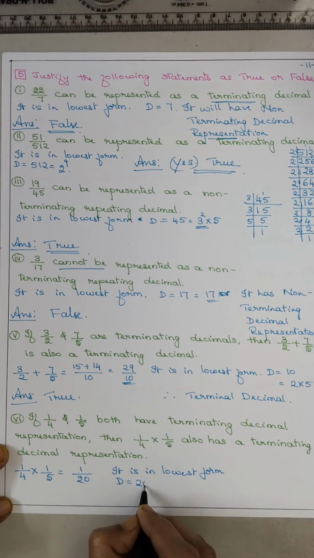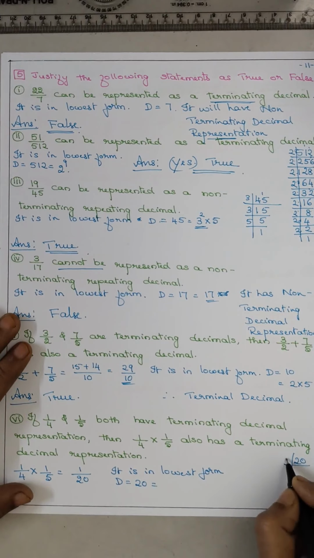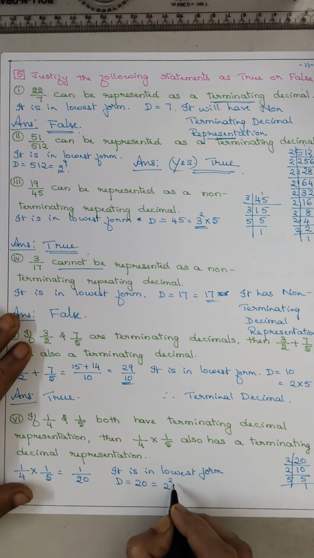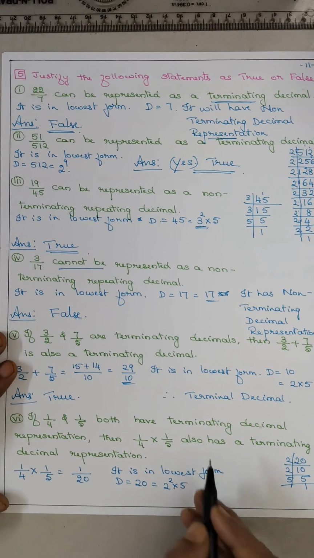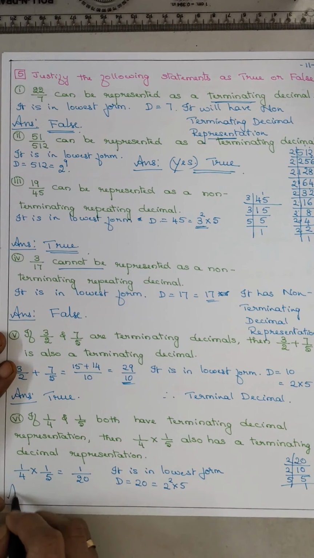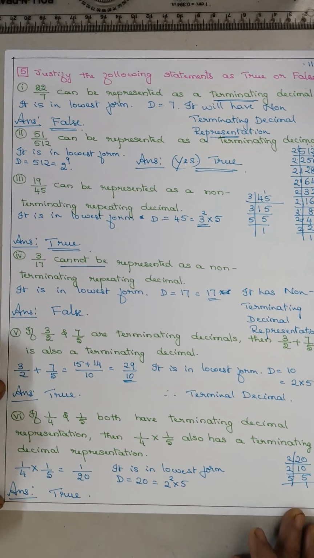The denominator 20 can be written as 2 square and 5. So it can be represented as a terminating decimal. So the answer is again true. Is it okay?